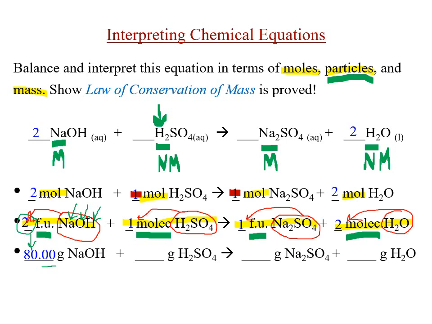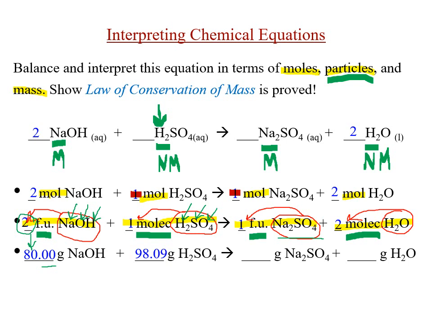Sulfuric acid. The molar mass for sulfuric acid is 98.09. Again, we've added 2 hydrogens, 1 sulfur, and 4 oxygens using their molar masses on the periodic table. Next, we have sodium sulfate.